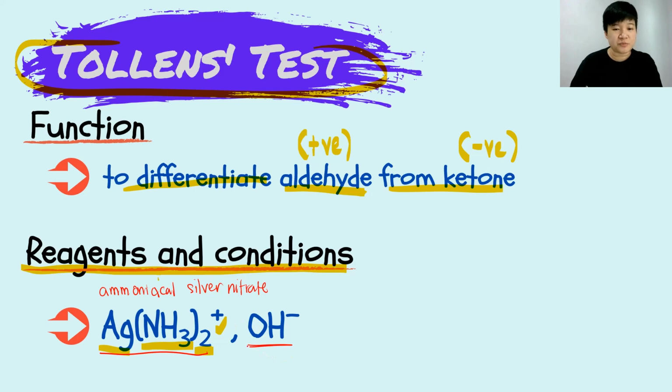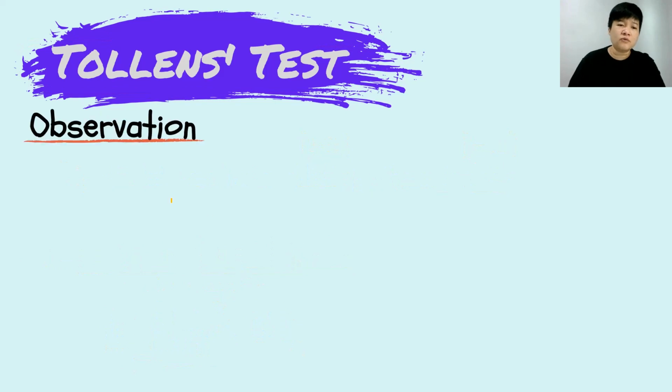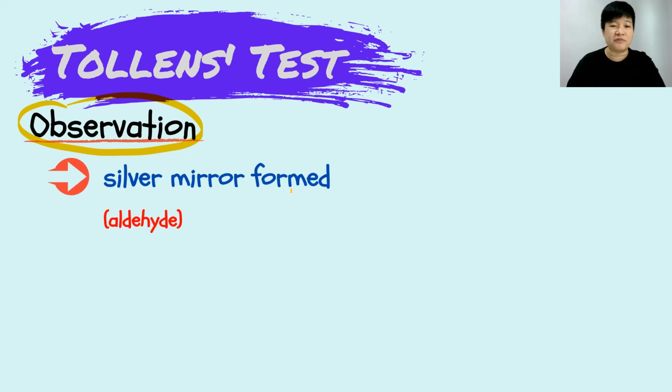The condition must be alkaline, therefore it must have the OH minus. So your Tollens Test will be using your Ag(NH3)2+ and also OH minus. That is the reagent and condition. Next, what would be the observation of Tollens Test? The observation of Tollens Test is very beautiful because you'll be forming a silver mirror.